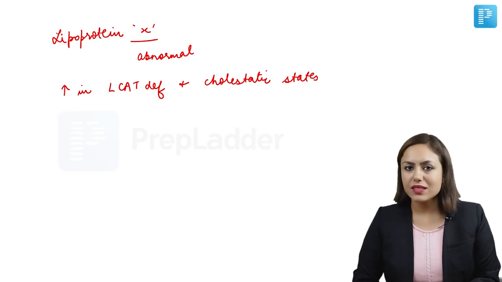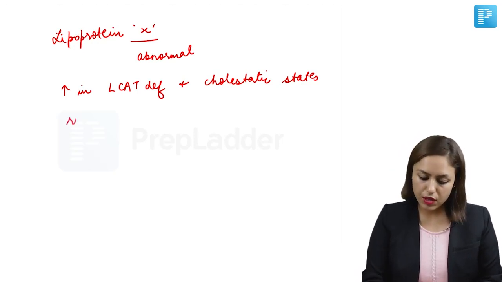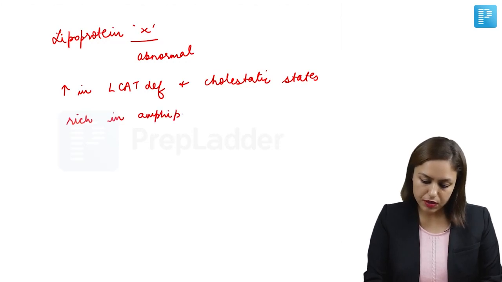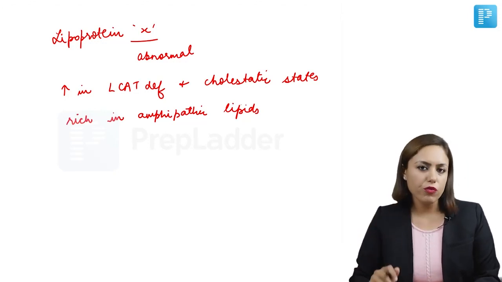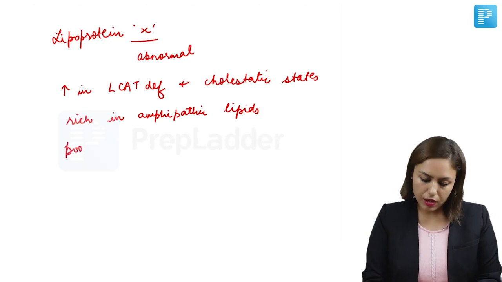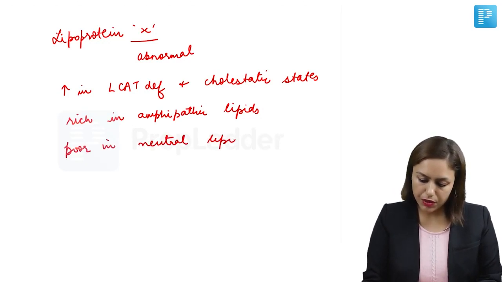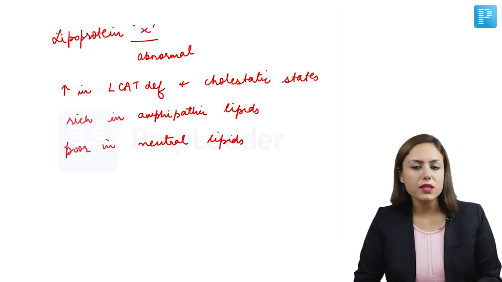And this lipoprotein X is dangerous because it is rich in amphipathic lipids, which are located towards the periphery of the lipoprotein, and it is poor in the safe neutral lipids. Okay, that's why it is dangerous.